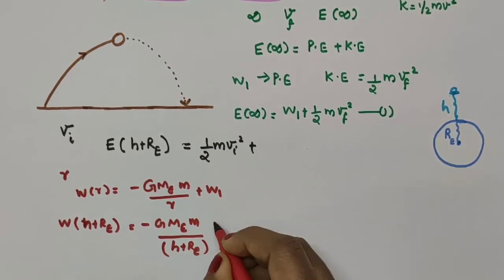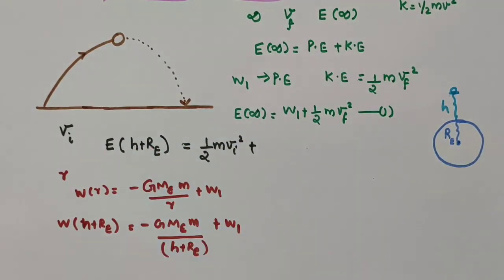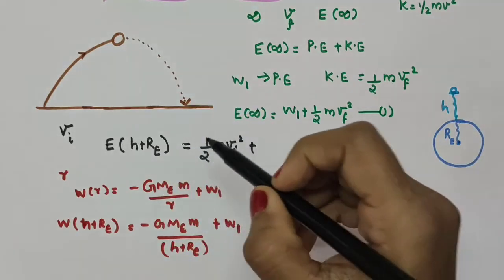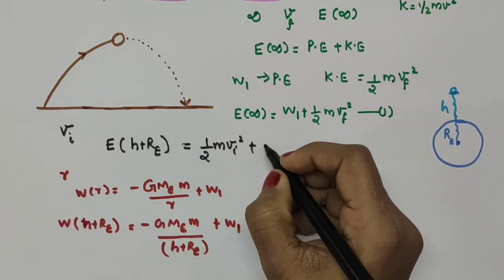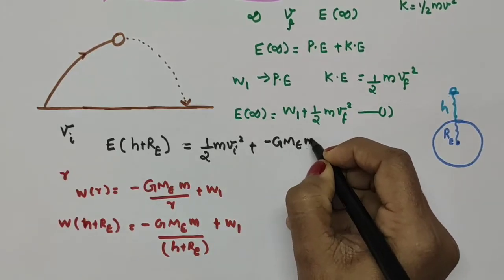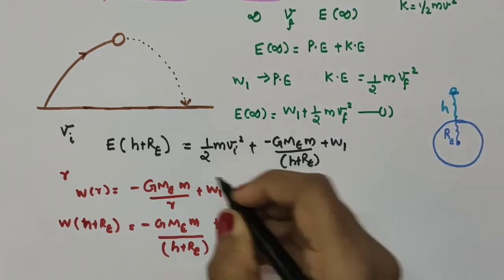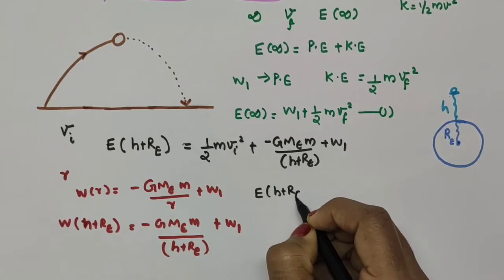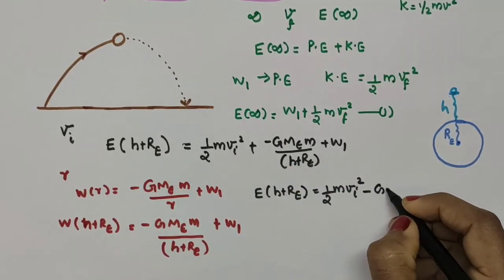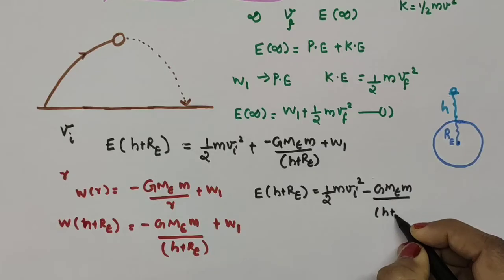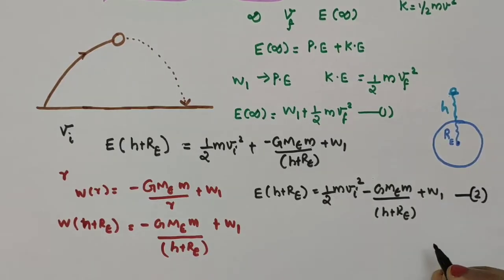So the total initial energy can be written as initial kinetic energy plus initial potential energy, or E of h plus re equal to half m vi square minus G Me m divided by h plus re, plus W1. I am taking this as equation number 2.